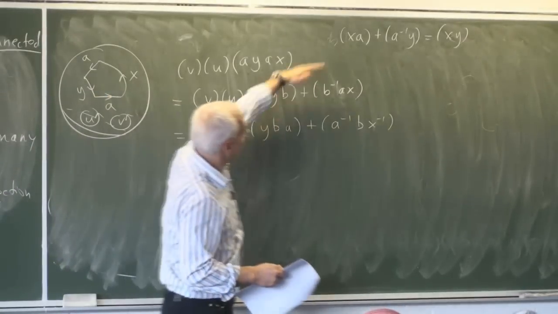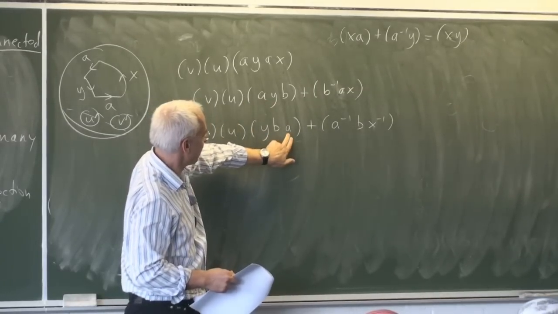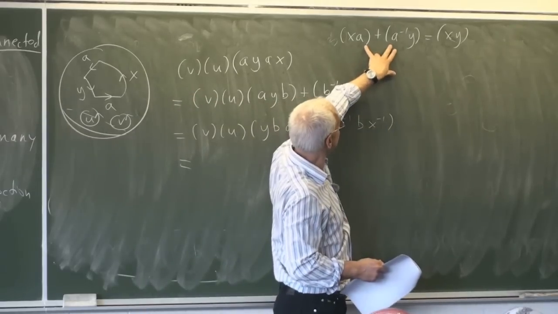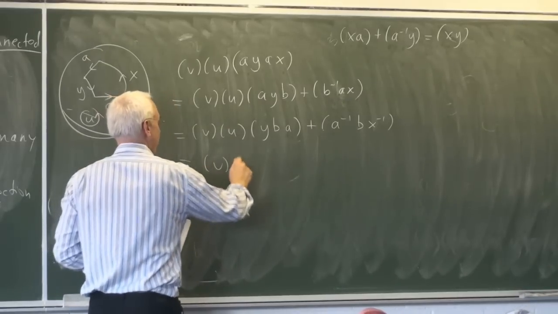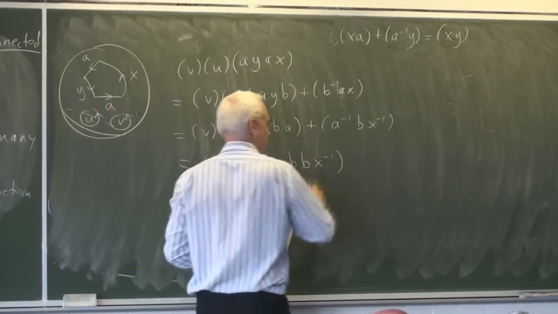And now I perform the same thing that I did over here, but in reverse. Now I think of A and A inverse as being the common interior edge, and I'm going to contract there, giving V, U, and then Y, B, B, X inverse.